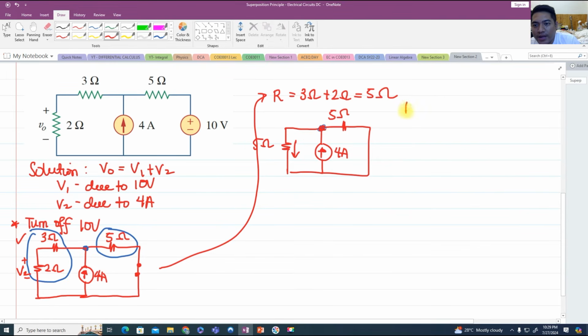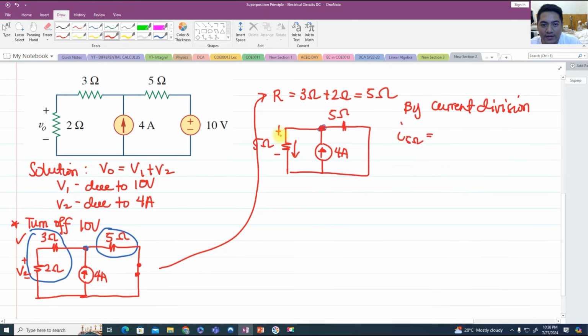So by current division, it's pretty obvious what the answer will be. It's 2, simply divided into 2 because they have the same resistance. But I will prove it to you. Let's say the current at the 5 ohms, because that is our interest.